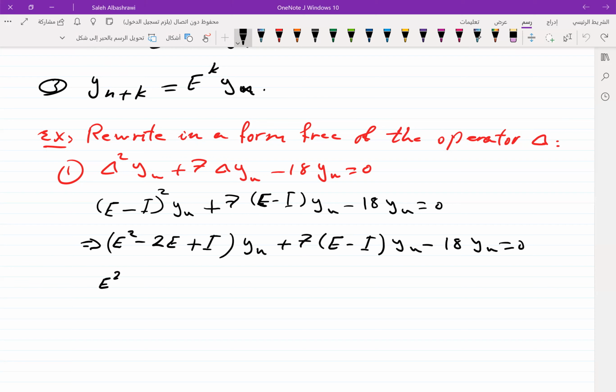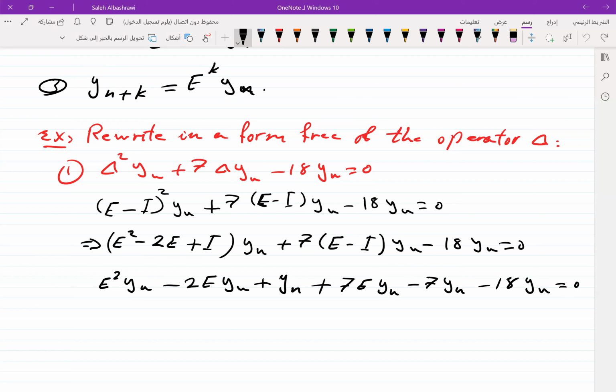This will be E square y sub n minus 2E y sub n plus the identity multiplied by y sub n, equal to y sub n, plus 7E y sub n minus 7 y sub n, minus 18, equal to 0.